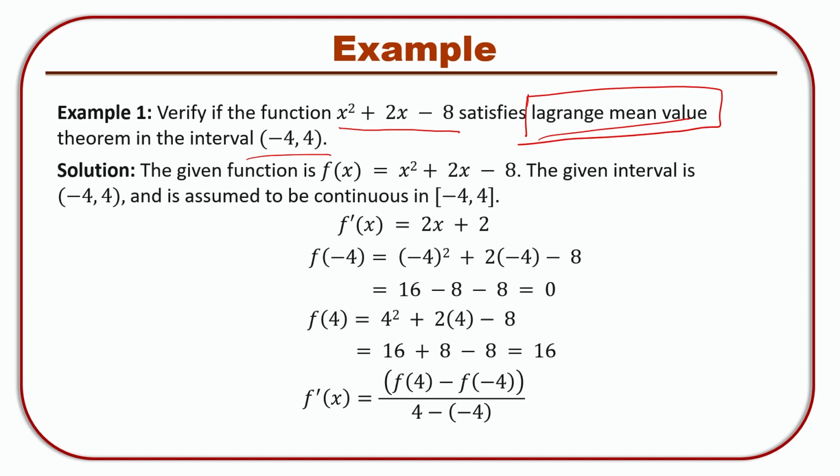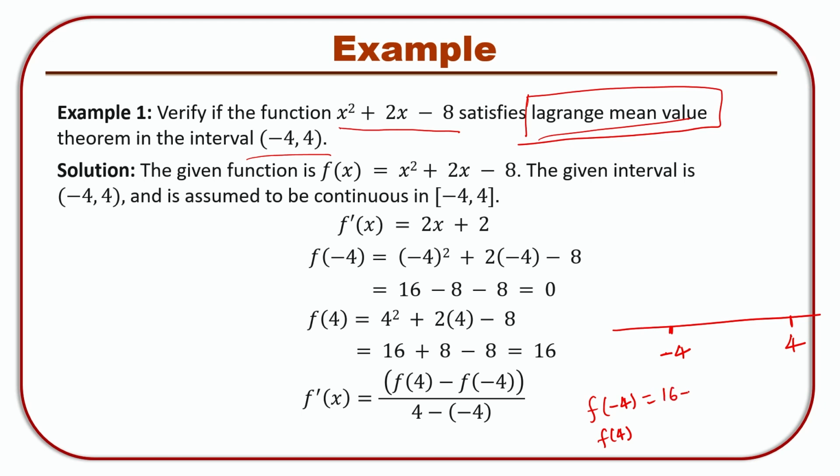That is our idea. So firstly, let me give you a geometrical construction. The interval is minus 4 to 4. We must first find f of minus 4 and f of 4, right? What will be the value of f of minus 4?